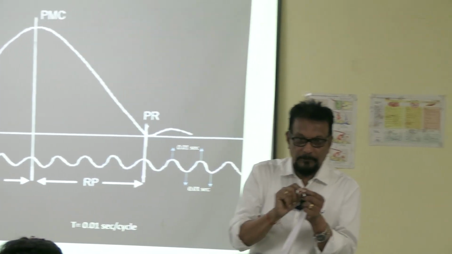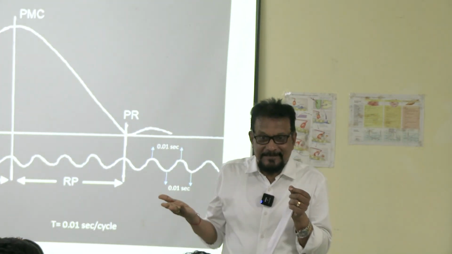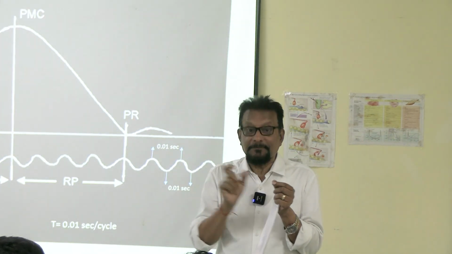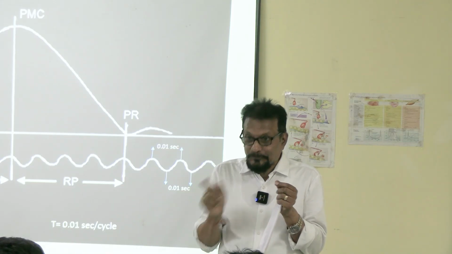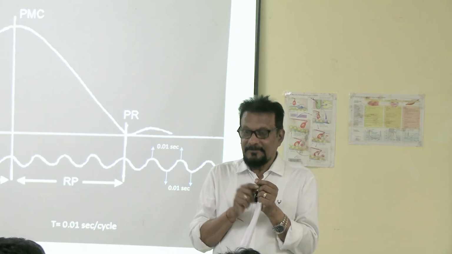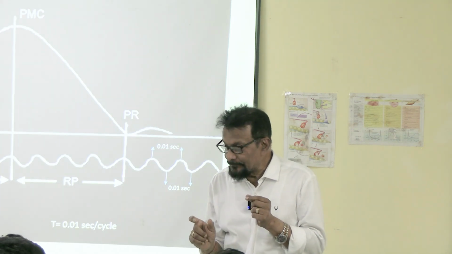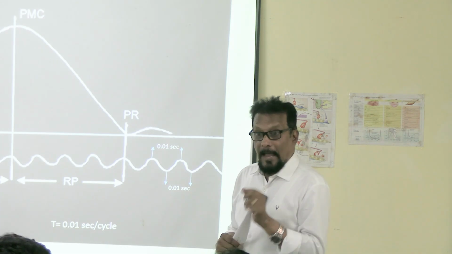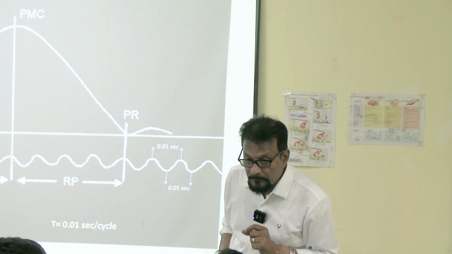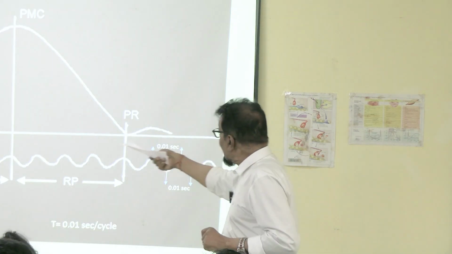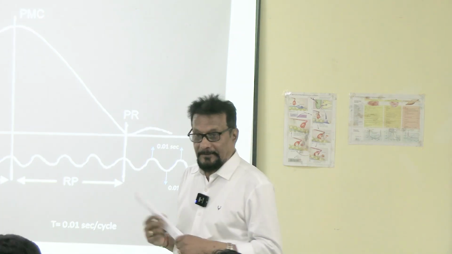You put the stimulus, but there is no instant contraction; it comes after some time. So this time gap is called the latent period. PS to PC is the latent period.